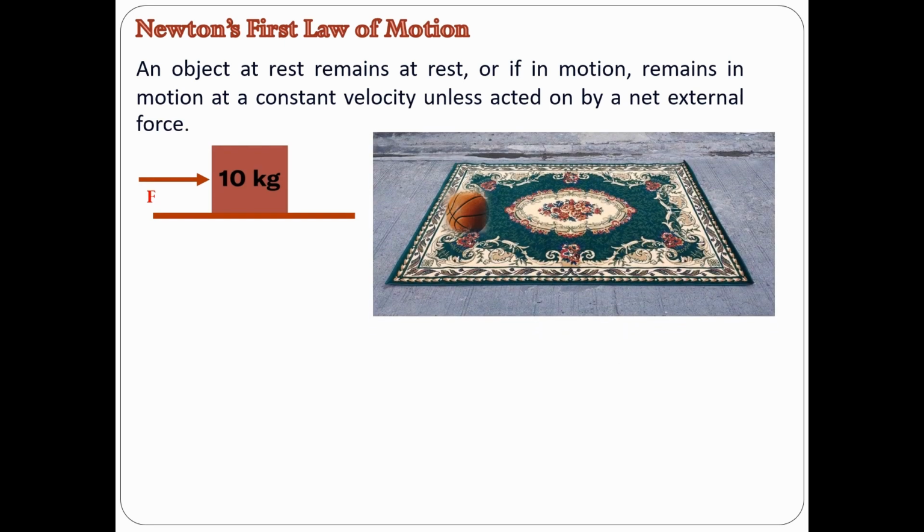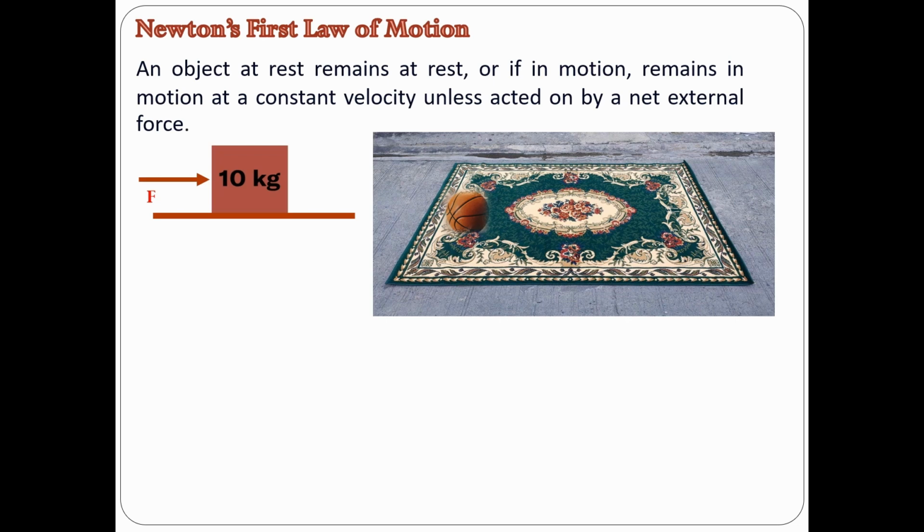Let's say we have a ball placed on a carpet and you push the ball. So the ball is moving, and what will happen if the ball is rolling against a carpet floor? That ball will eventually come to a stop. Now why is that? Because Newton's first law states that an object in motion continues in motion unless acted on by a force.